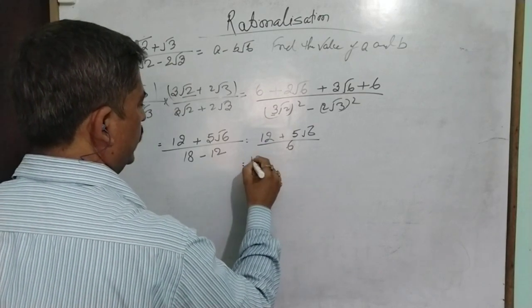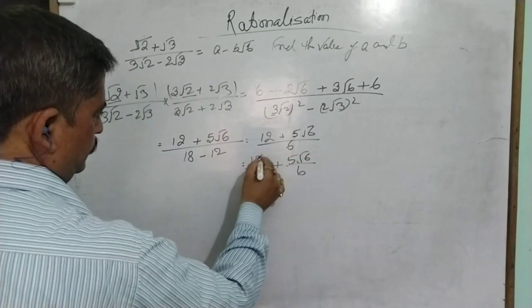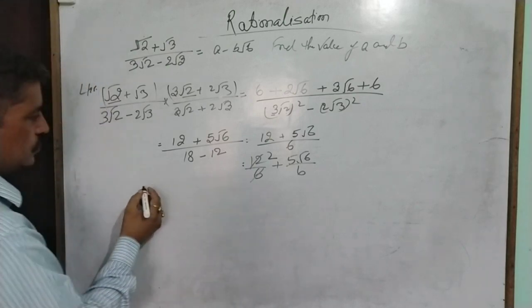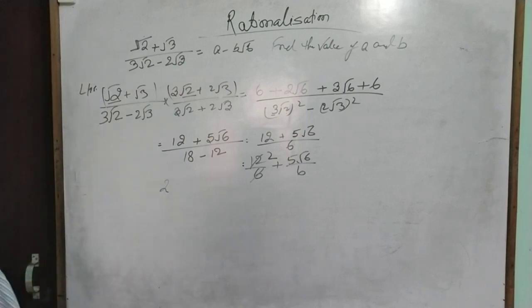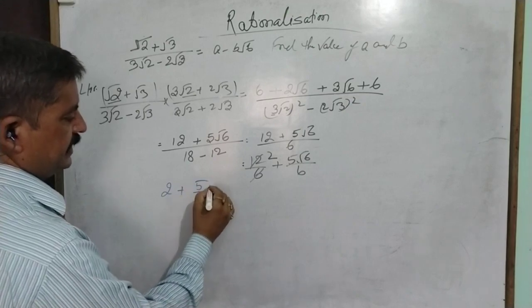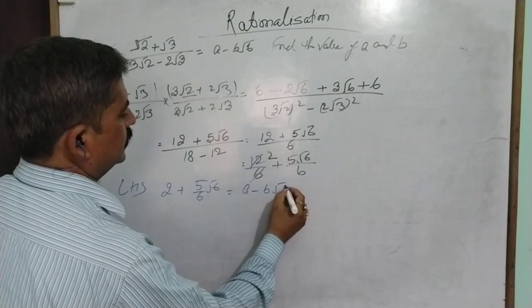So we can also write that as 12 by 6 plus 5 by 6 √6, so we compare that: 2 plus 5 by 6 √6, that's the LHS, compared with a minus b√6.